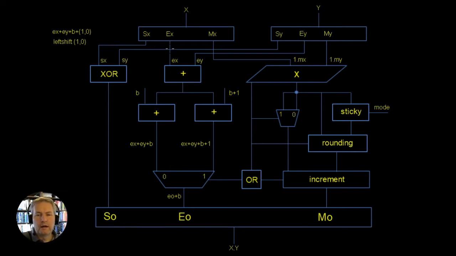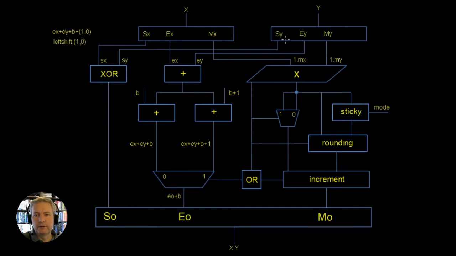Now we know we want to add the exponents, so we take a copy of our exponent. This is our biased exponent, so the actual exponent that exists on our 32-bit input is a biased exponent for X, and we've also got a biased exponent for Y. Now I haven't drawn it out here, but when we go to this point, we're actually subtracting off our 127 in order to get our small ex, which is our unbiased exponent.